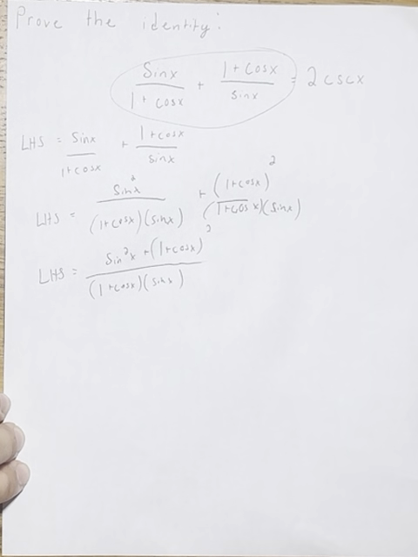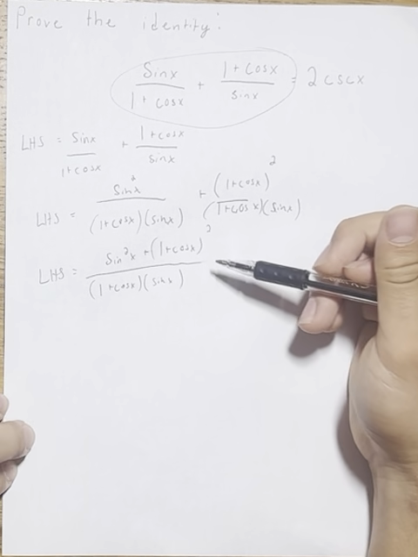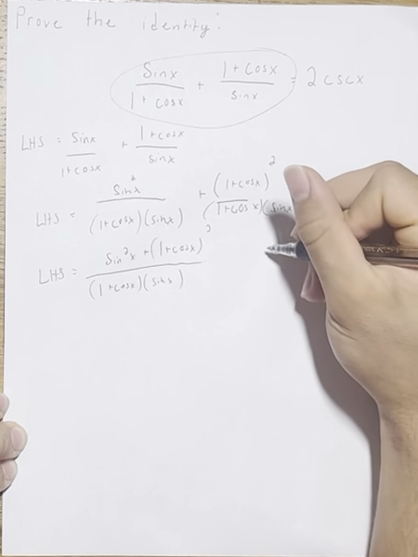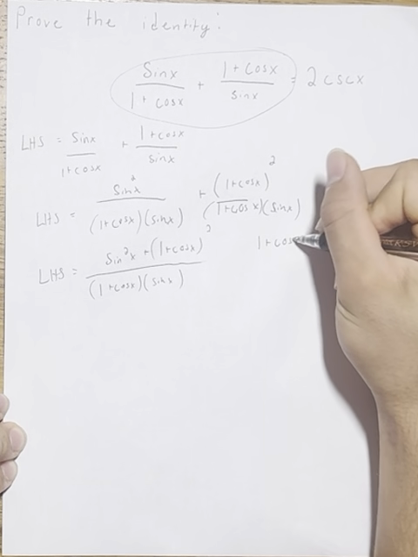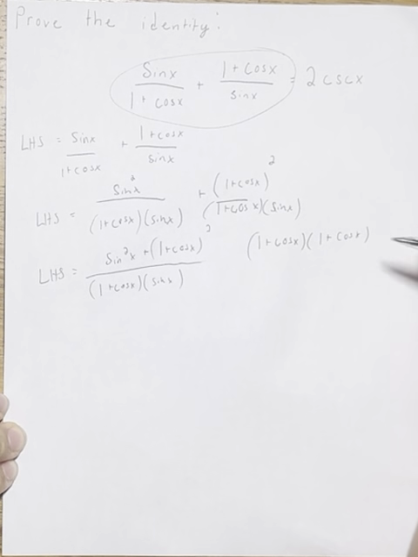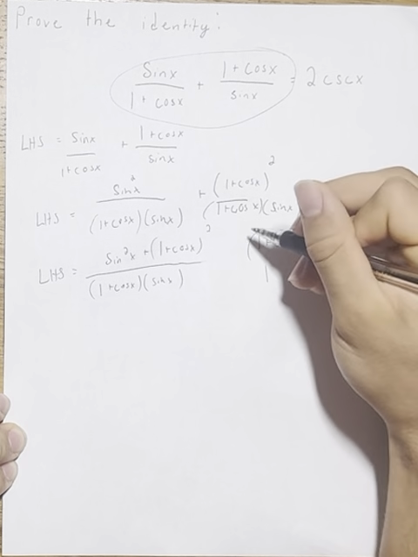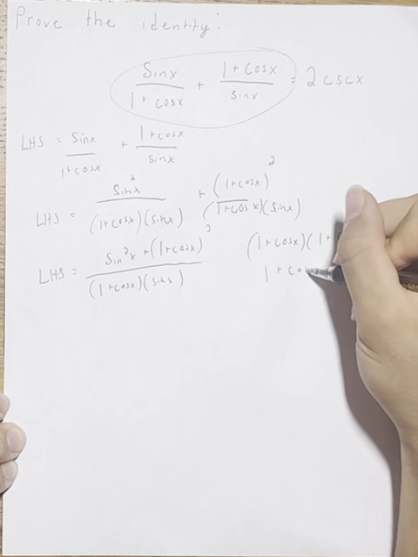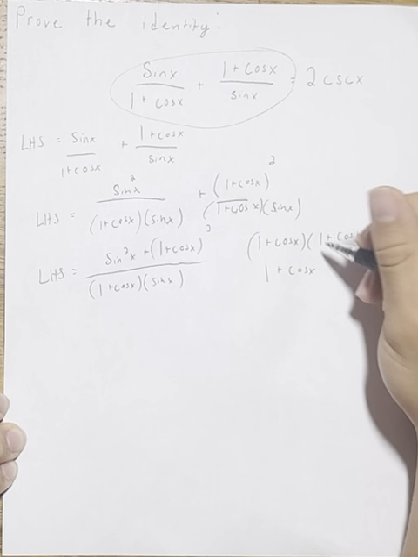Now what I would do is I would expand the 1 plus cosine x squared. So in this case, I'd bring it over here and put 1 plus cosine x times 1 plus cosine x. So we get 1, because 1 times 1 is 1. 1 times cosine x is cosine x. 1 times cosine x is cosine x again.